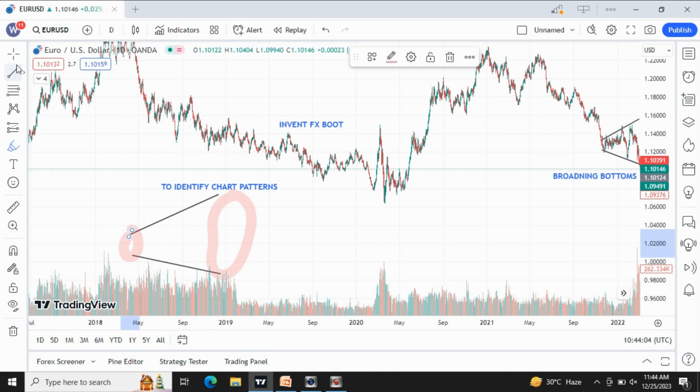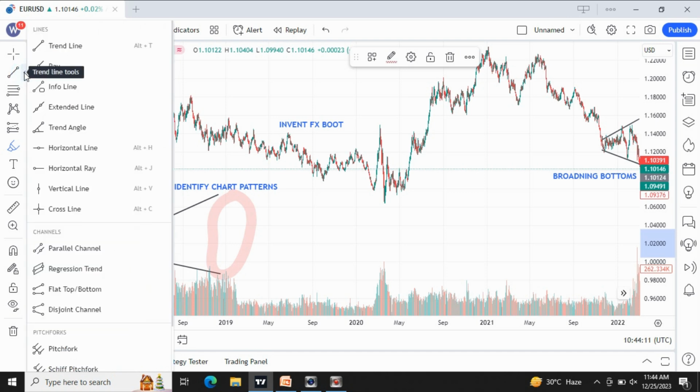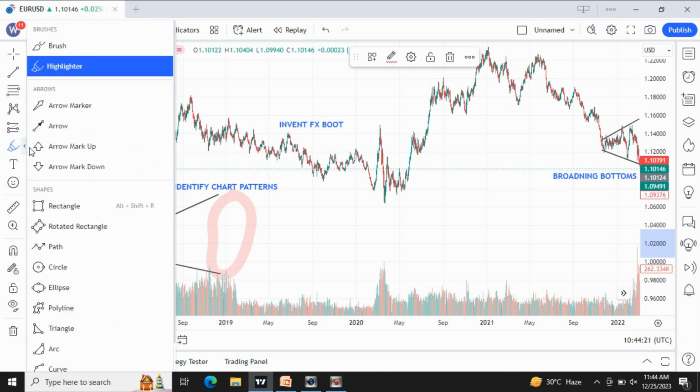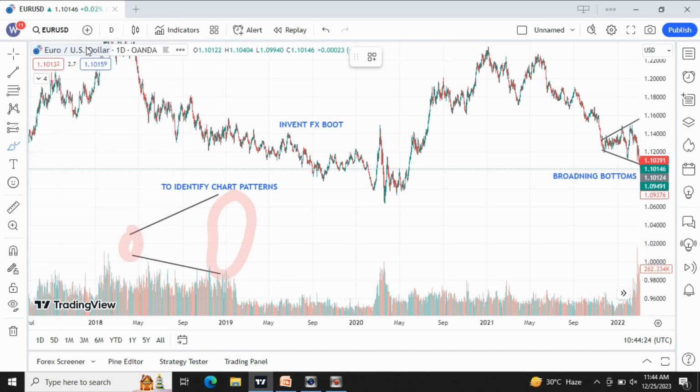Broadening bottom is something you need to catch on to very well, so that when you see them, it will be very easy for you to identify and know if it is a genuine broadening bottom. We have so many chart patterns in the price action.